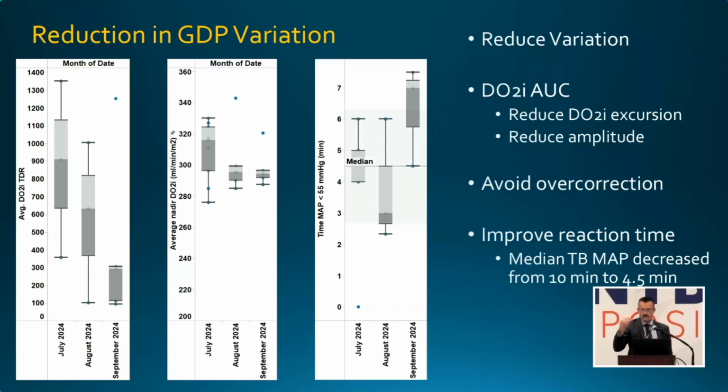And it also reduced overcorrection of DO2. Our time mapped below 55, even though there's still some variation in spread, we reduced that from 10 minutes to 4.5 minutes.